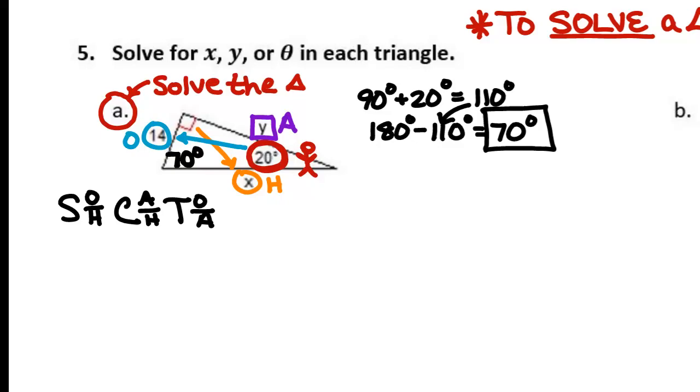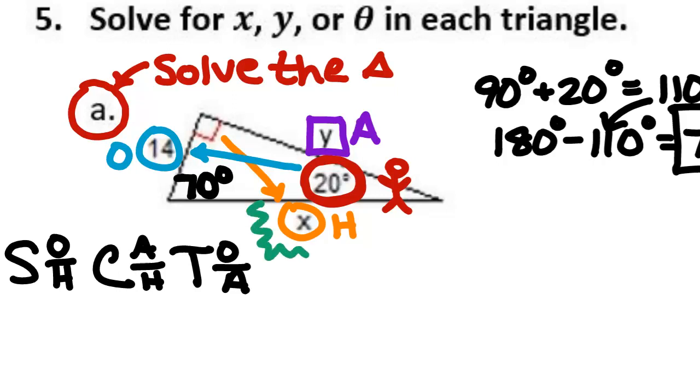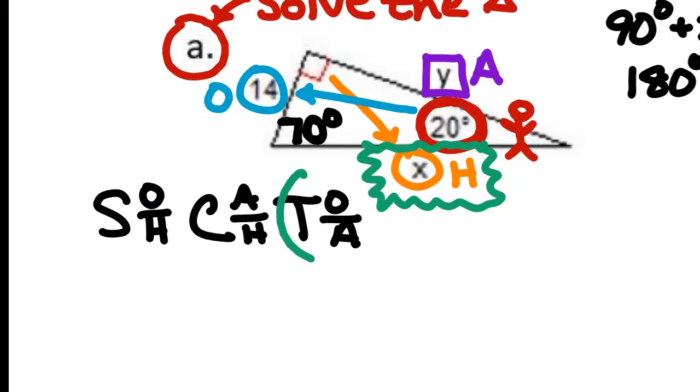We're going to have to find them one at a time. Do you guys want to find X first or Y first? X. Sounds good. So X is which side of that triangle? Hypotenuse. So can I use tangent then? No, because it doesn't use the hypotenuse. So I have to decide whether I'm going to use sine or cosine.